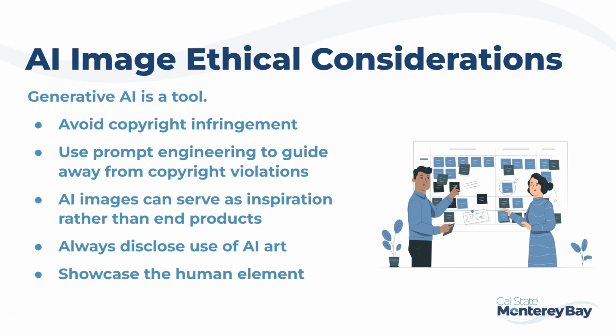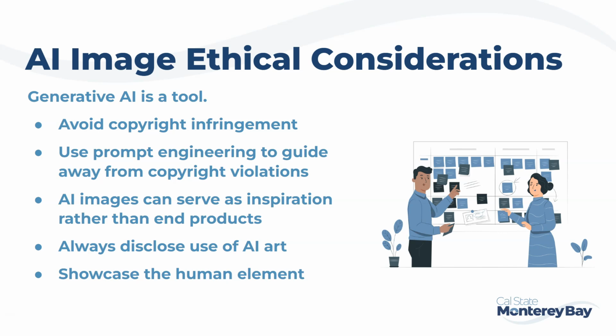I encourage you to think about the heart of copyright law. We want to avoid hurting living, working artists when we use these tools. In general, I encourage you to approach this with ethics at the heart of whatever you create. Whether that involves using a prompt that guides AI to produce images in the style of the classics or other copyright-free work, or perhaps you will use those AI images as inspiration rather than an end product.